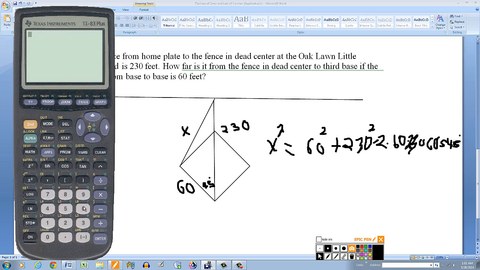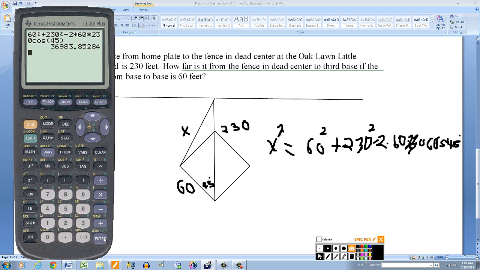We're solving for x squared first, so this will be 60 squared plus 230 squared minus 2 times 60 times 230 times the cosine of 45 degrees.